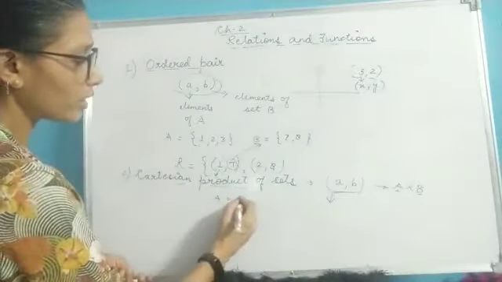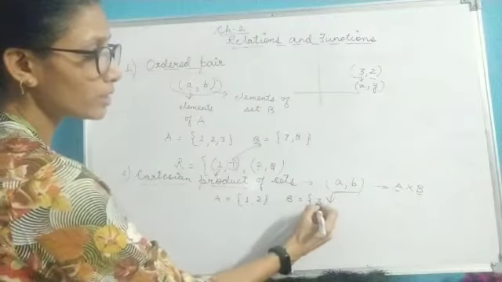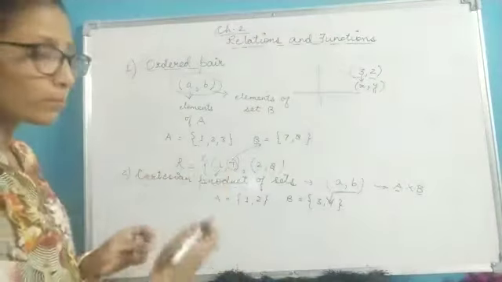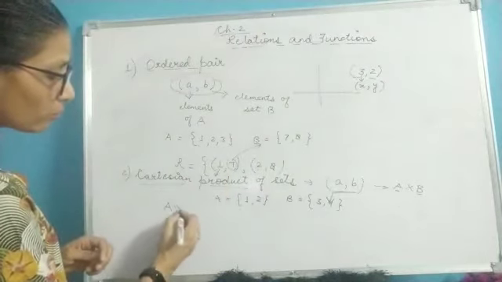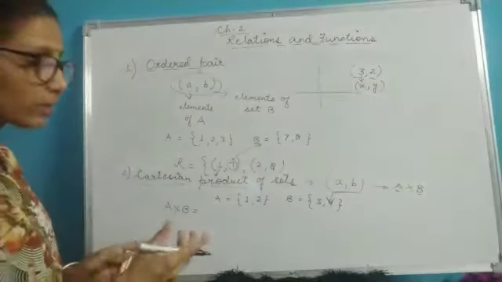So if, say, A is given to me as {1, 2} and B is given to me as {3, 4}, and if I want to write the Cartesian product, that means A × B, this cross doesn't mean multiplication.